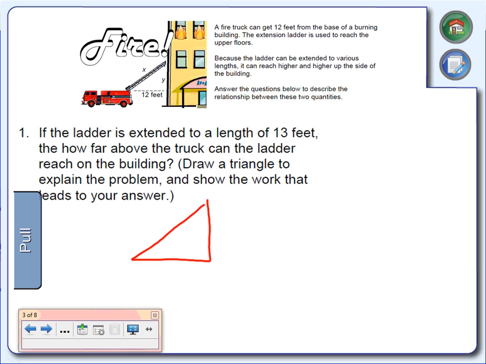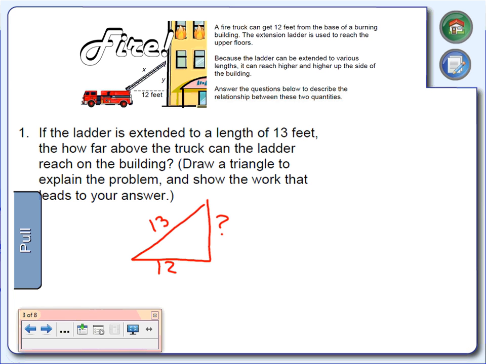We are dealing with a right triangle. We know that the distance from the truck to the building is 12 feet, so I'm going to go ahead and label that right now. Notice they do tell us that the extension ladder is extended to 13 feet, so this part right here is 13 feet. What we're going to be looking for is this right here. How far above the truck can the ladder reach? That's what we're looking for.